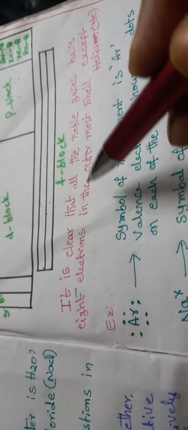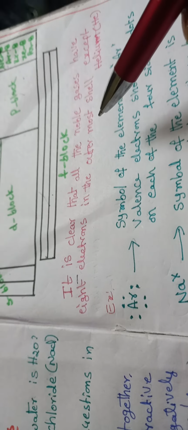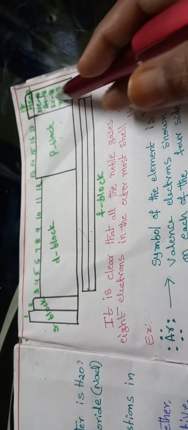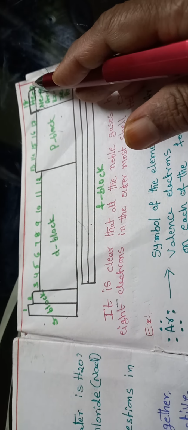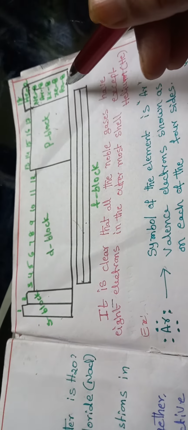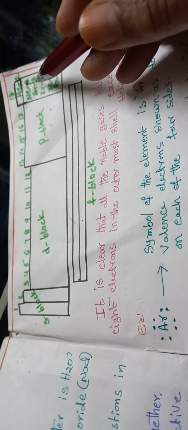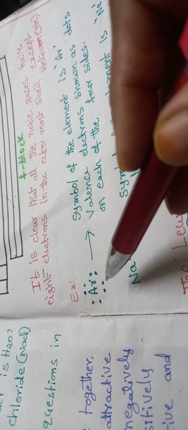So it is clear that all the noble gases have 8 electrons in the outermost shell except helium, which has only 2 valence electrons. For example, take argon.